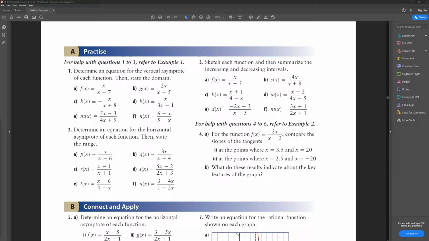With that being the case, what you should get for A1 is that the slope of the tangent at x equals 3.5 is negative 24, and that at x equals 20, the slope is negative 0.02. So it's drastically bigger.